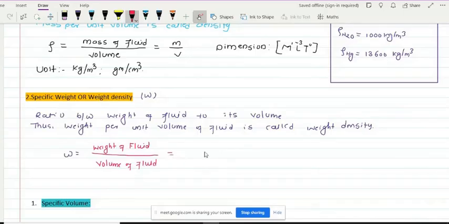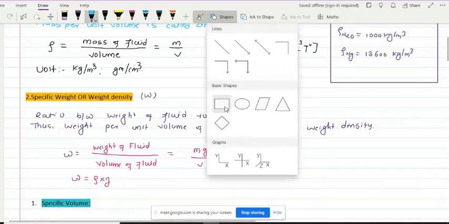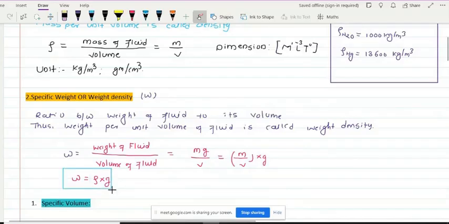And what is weight? It is mass into acceleration due to gravity, divided by volume. You can write mass by V into g. Therefore, weight density is equal to rho into g. It is nothing but the weight density.